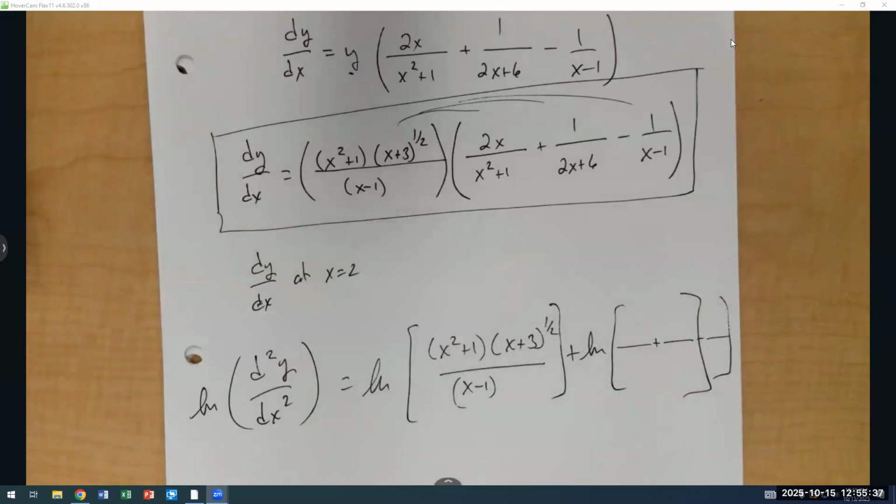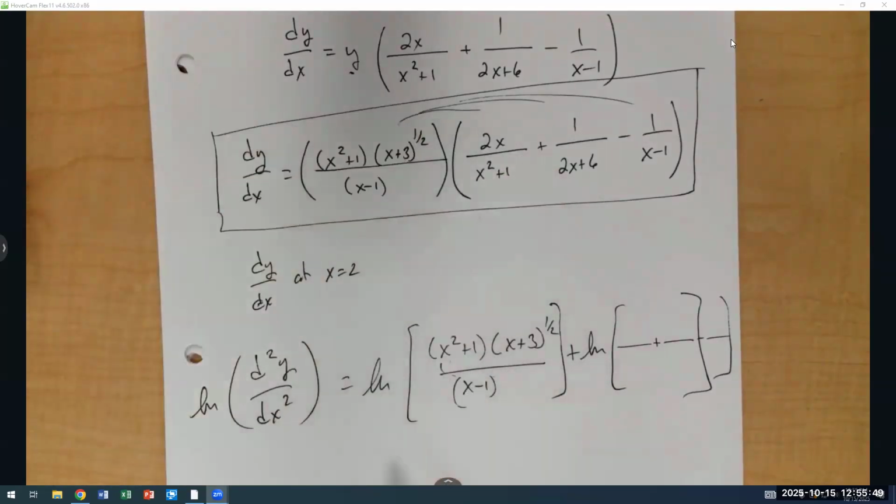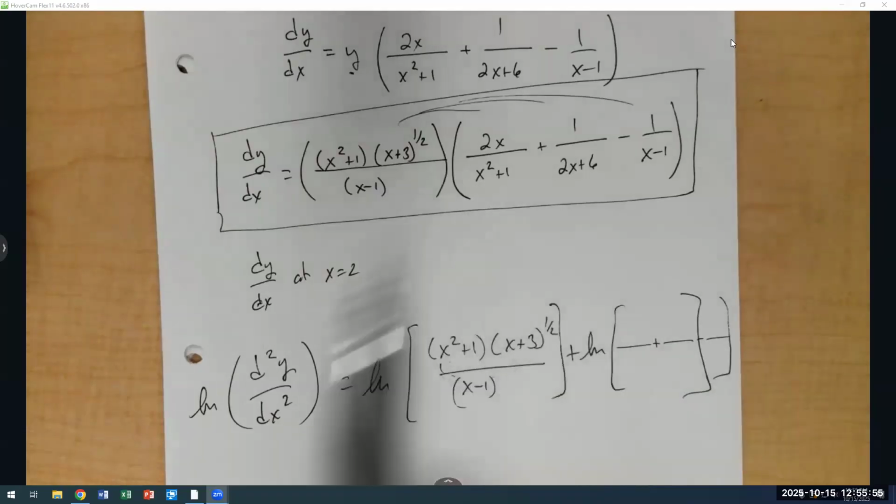You see what I'm saying? And it wouldn't be so bad. We already know what this answer is. The ln of this one is all this. And then we take the ln of this one, which is just that. It's possible, very possible. But you'd be writing for a very long time.